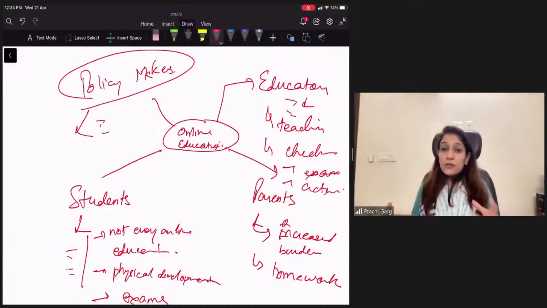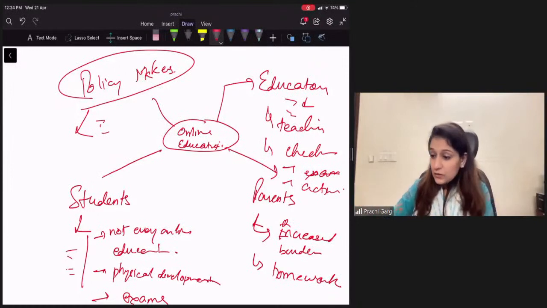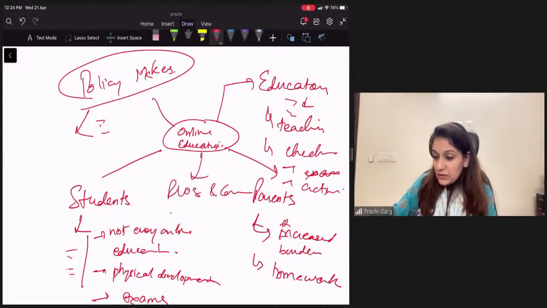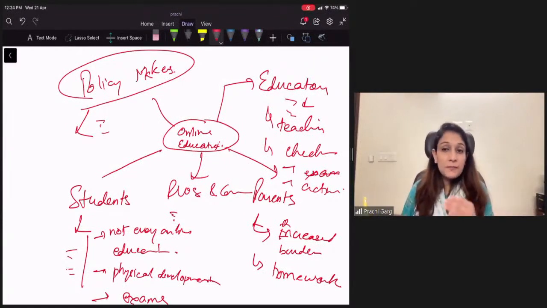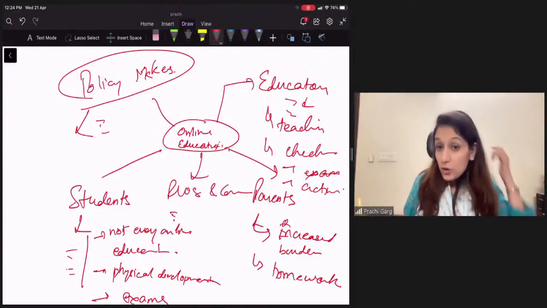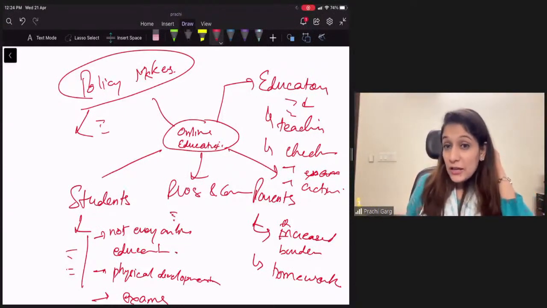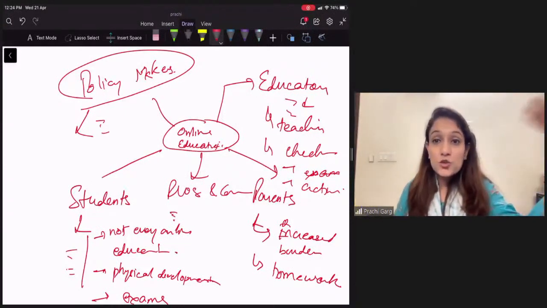But what are the pros of online education? Then come with another point, pros and cons. Then we start talking about pros here, that it is keeping everyone safe, right? Everybody can log in from any part of the city. They might be visiting their nani or dadi in any other state, but they're not missing their education. Whereas in offline education, they used to miss their classes, right?